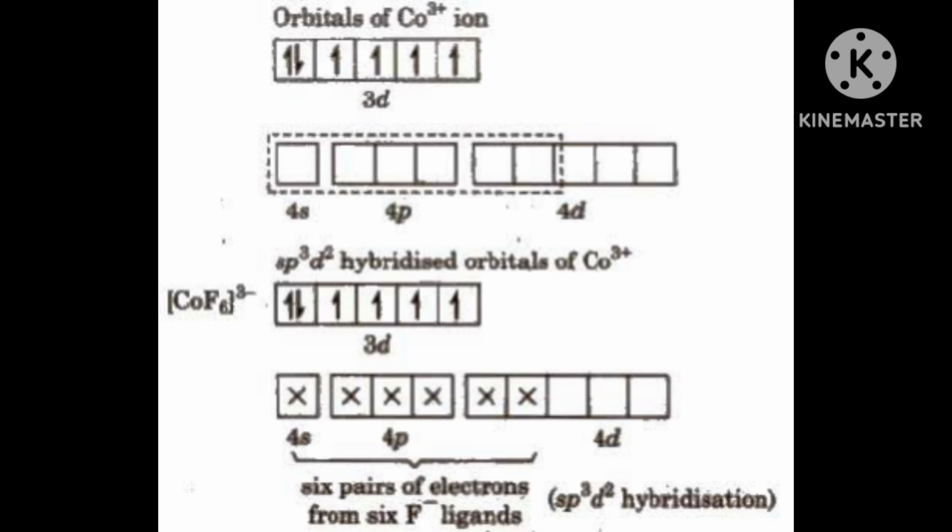Now again, let's see what the oxidation state of nickel is. 4 chloride ions are there, which means 4 negative charges, but finally outside it is 2 negative.